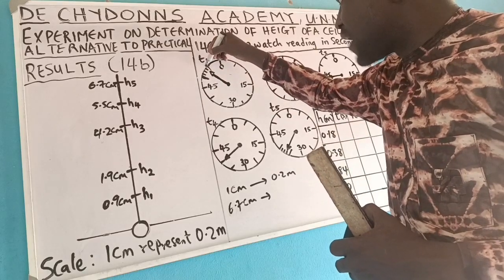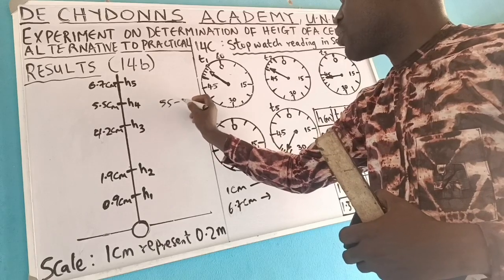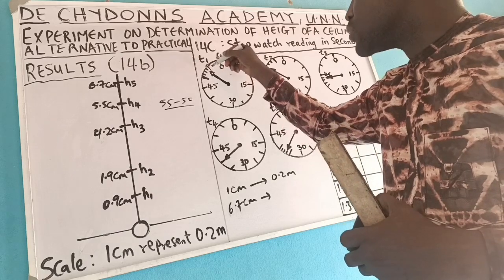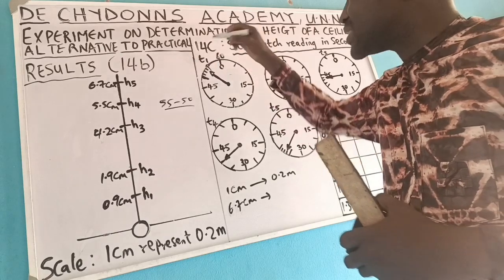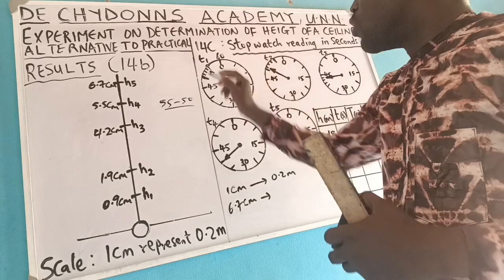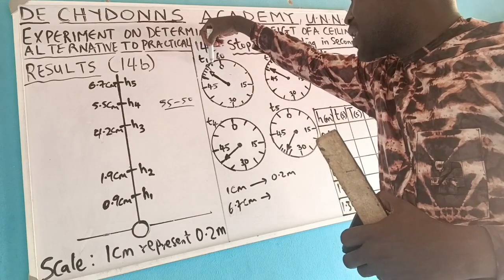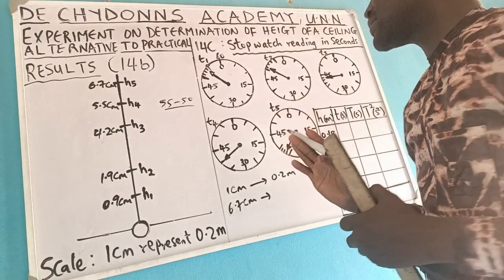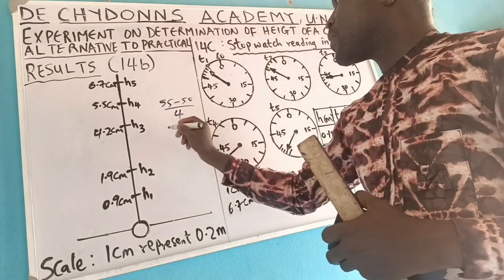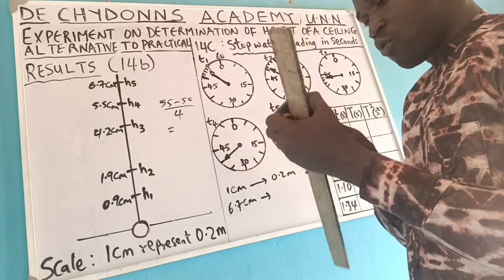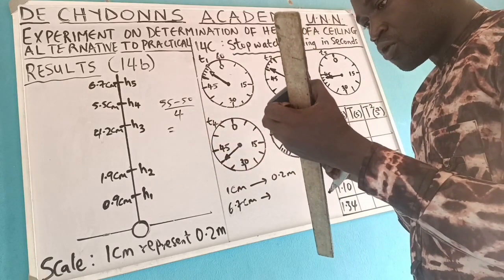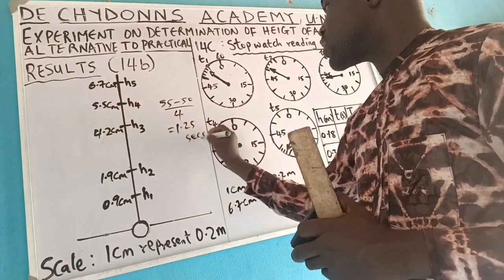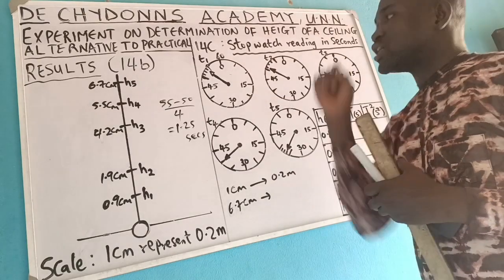Therefore, you say 55 minus 50, all over how many small lines do you see inside? 1, 2, 3, 4. We have 4 lines. So you say divided by 4. 5 divided by 4 is 1.25. That means 1.25 seconds is the minimum value I should be getting.